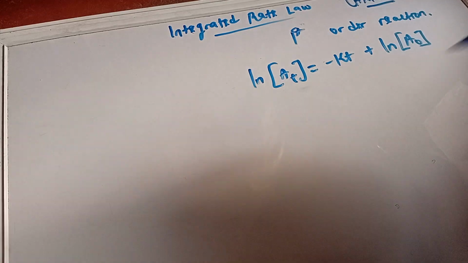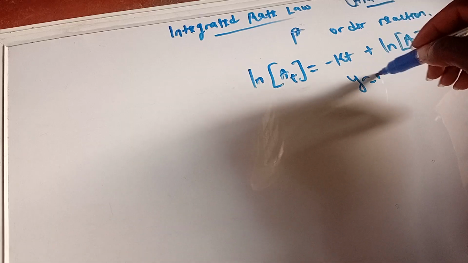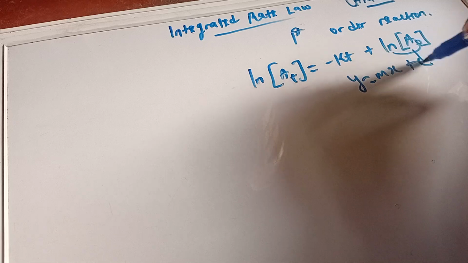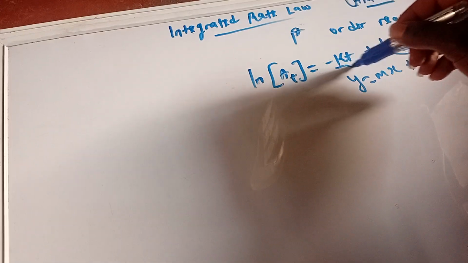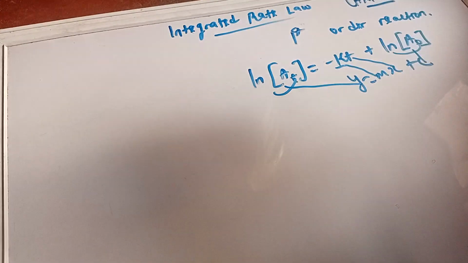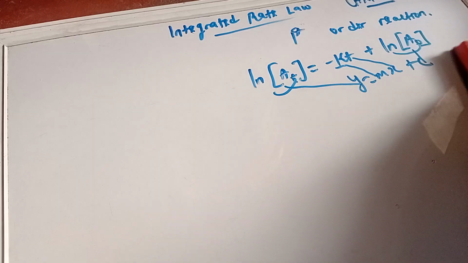This formula you can also liken to the equation of a straight line, y equals mx plus c. So ln[A]0 is c, the intercept, minus k is the slope, t is on the x-axis, while ln[A]t is on the y-axis if you are to plot the graph. So that's the formula for the first order.